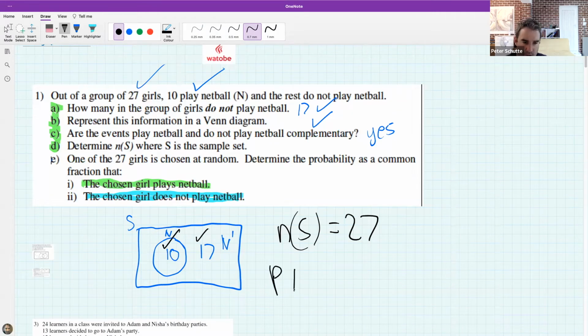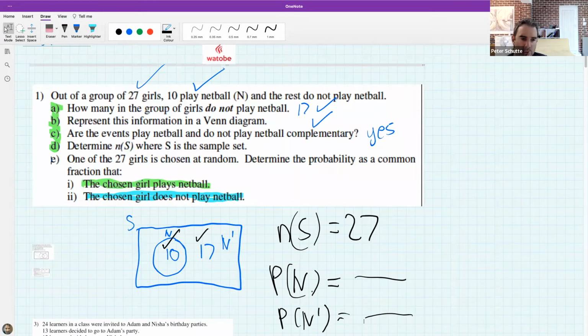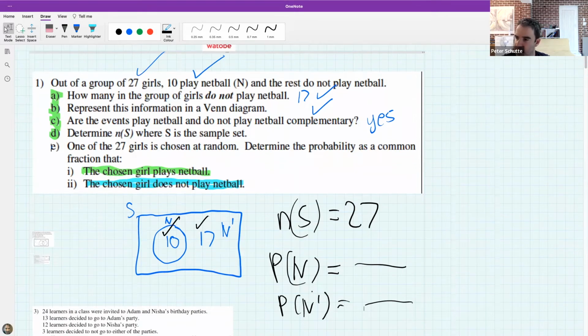So I'm looking for, now remember, whenever we calculate probability, we have number of possible outcomes on the bottom, number of favorable outcomes on the top. So how many possible outcomes are there? Well, because the set has 27, it's 27, 27. What's favorable if we say, what's the probability of playing netball? It's going to be 10 out of 27.